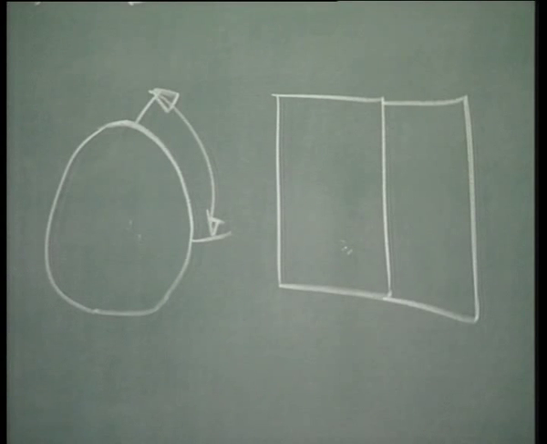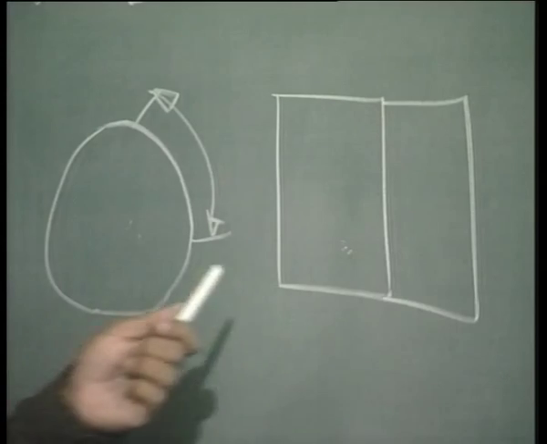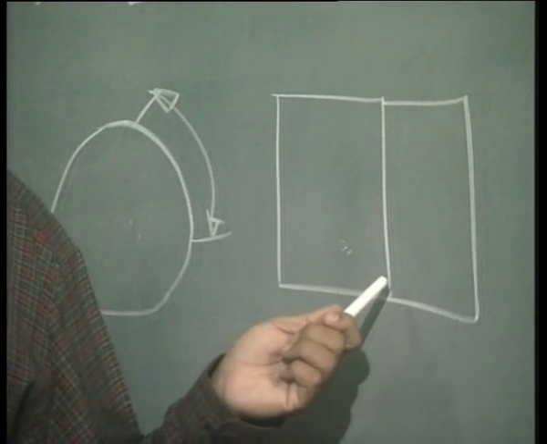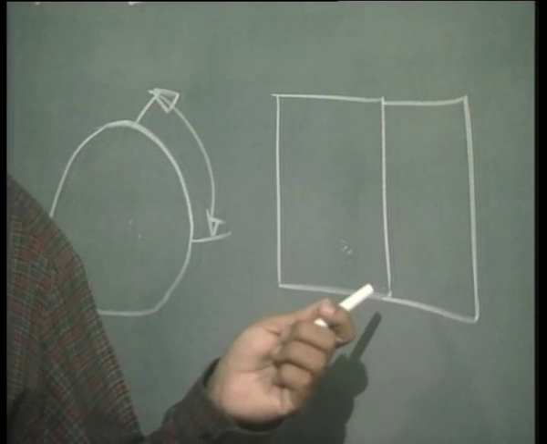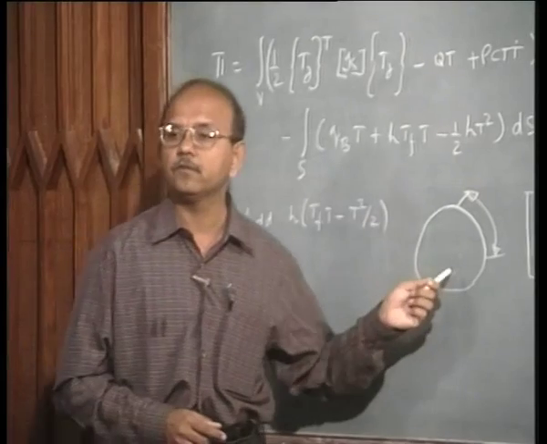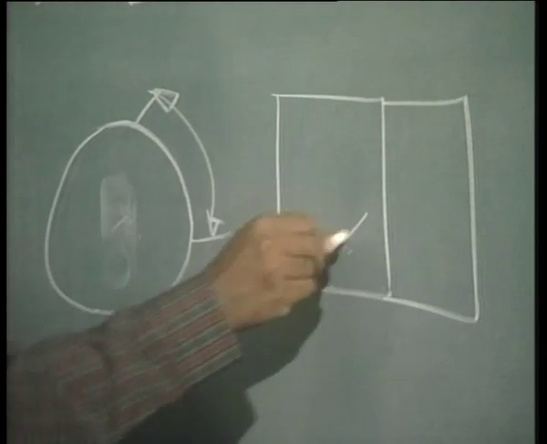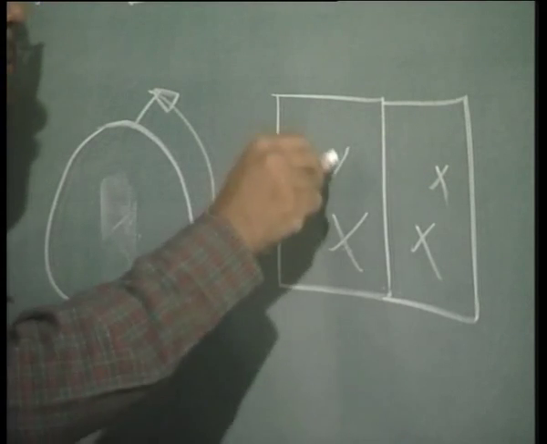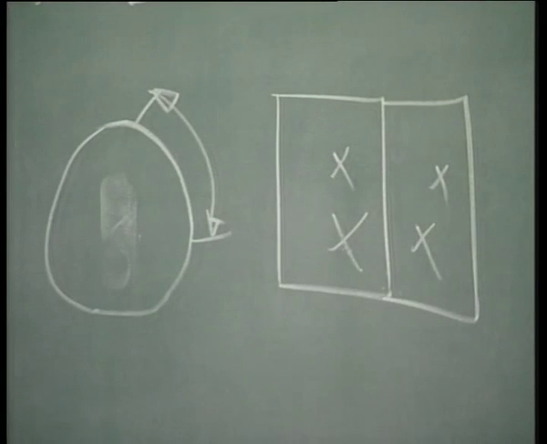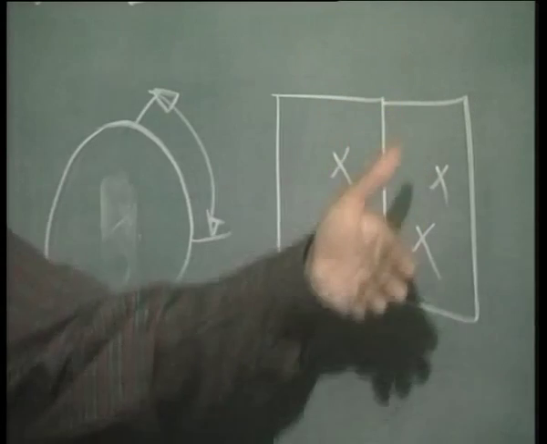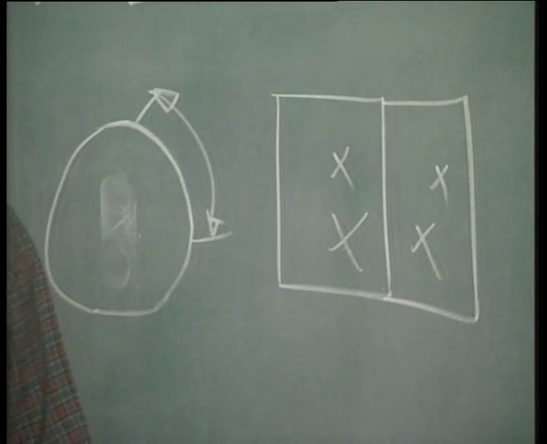Then I have problems of equating this or treating the problem in the same fashion as that of this problem. Here there is no heat transfer from here, but here all the heat transfer takes place only in this particular phase. It may be one phase or it can be both the phases, this phase as well as the phase that is behind, both the phases.